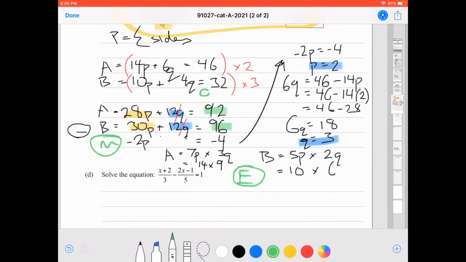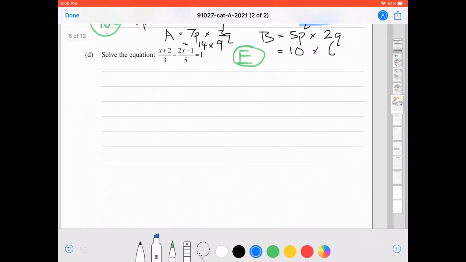Okay, moving on to question 2D. Solve the equation x plus 2 over 3 minus 2x minus 1 over 5 equals 1.